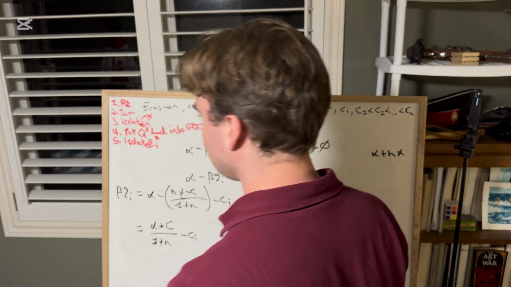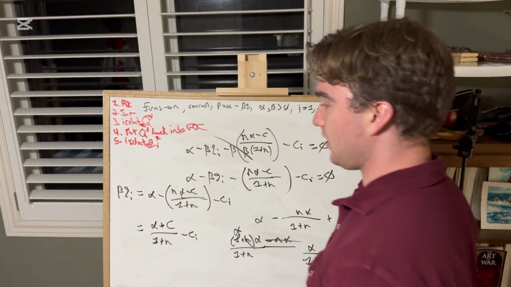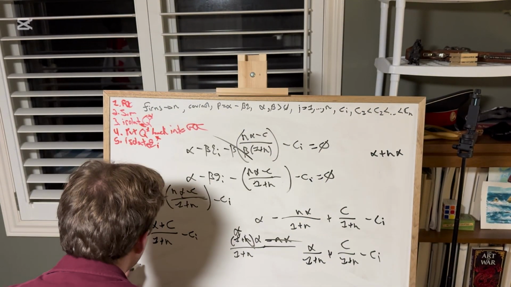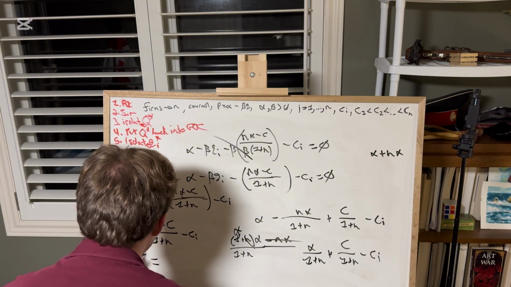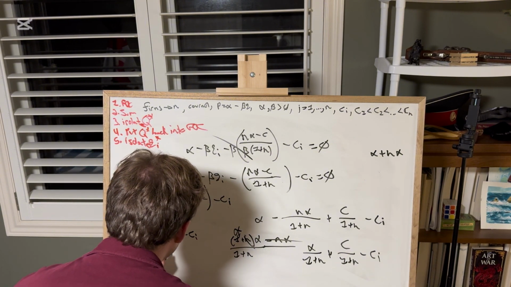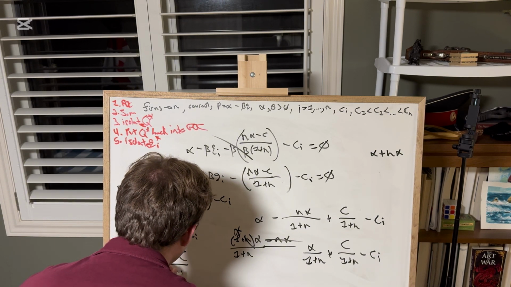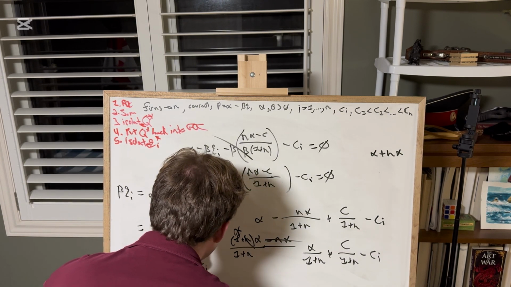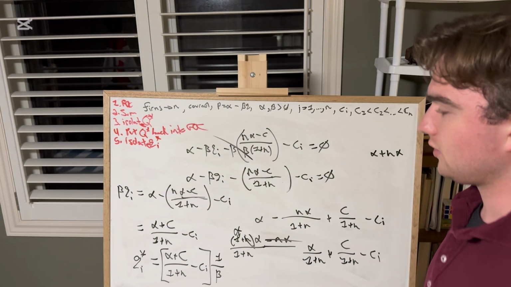Final step, divide everything by beta, and it looks the best when you just do this. So your final answer is qi star is equal to alpha plus big C over 1 plus n plus ci times 1 over beta. And that looks pretty darn good.